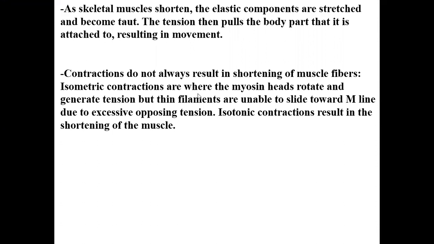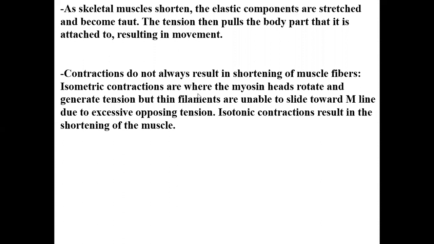However, in most cases, the contraction might result in decrease in sarcomere size. That is what we have described. In other cases, it might interact, but the sarcomere will not shorten.